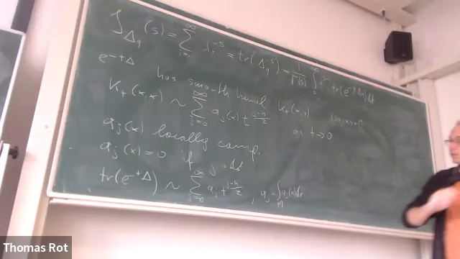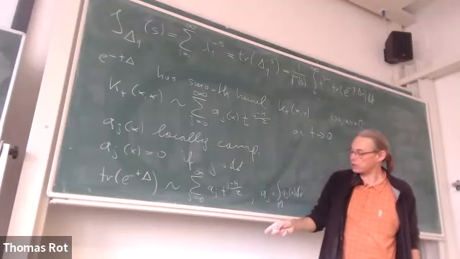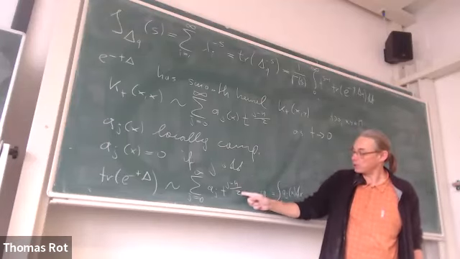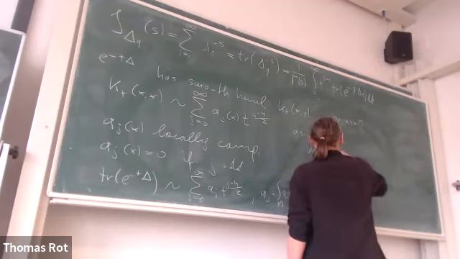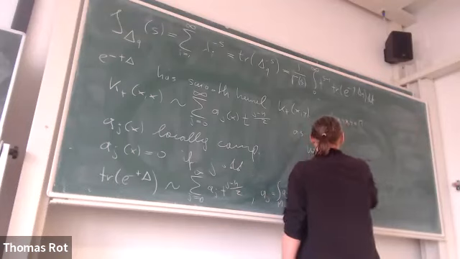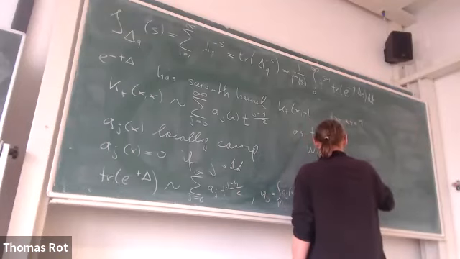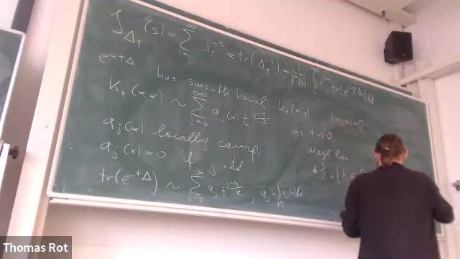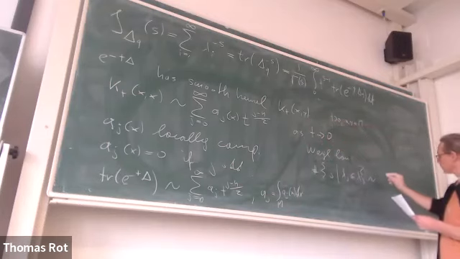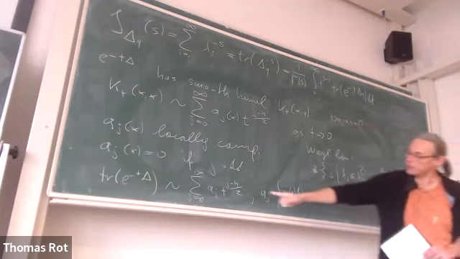The speed with which they grow is determined by n over 2. Maybe I should write it out. That's the number of j such that the j-th eigenvalue is smaller than lambda. That's to leading order like a_0.